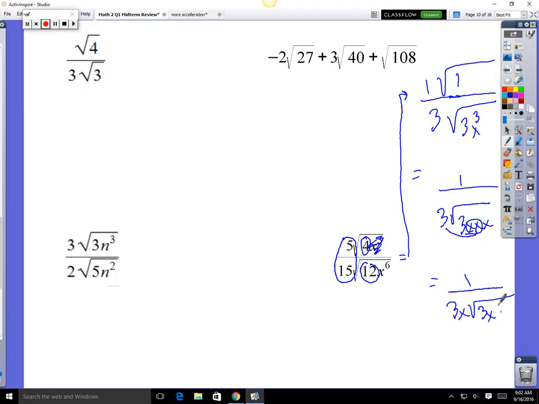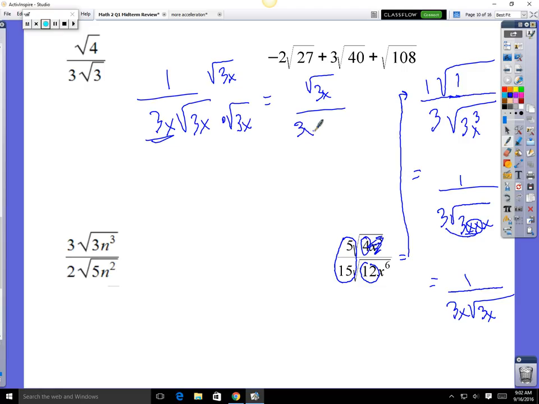Okay, now can't have a radical on the bottom, so I really need to scoot this over here. 1/3x times square root of 3x. Can't have a radical on the bottom, so times the bottom by square root 3x, times the top by square root 3x, and on top you're going to have square root 3x, and on the bottom, on the outside you got 3x, and then 3x times 3x, that's going to be 9x squared.